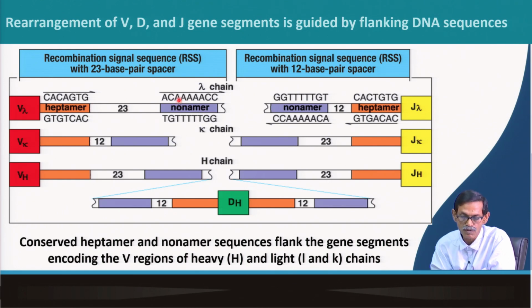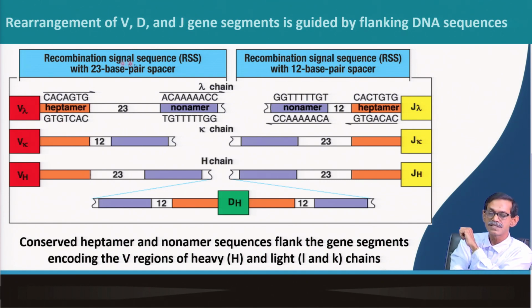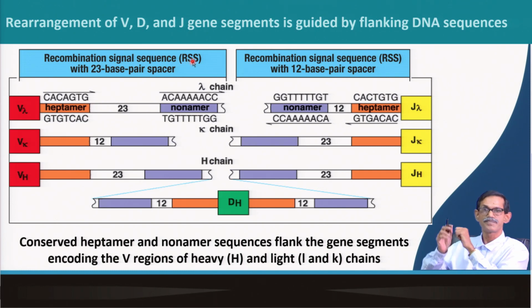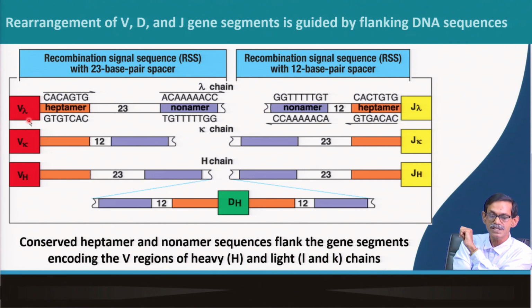So, this nonamer and heptamer sequence is very important for this recombination, and this is called recombination signal sequence, RSS. Okay. So, in case of V, you see heptamer, 23 nucleotide, nonamer, again it will continue and then another V segment, then another, but this orientation, heptamer 23 and nonamer, for lambda light chain is fixed.